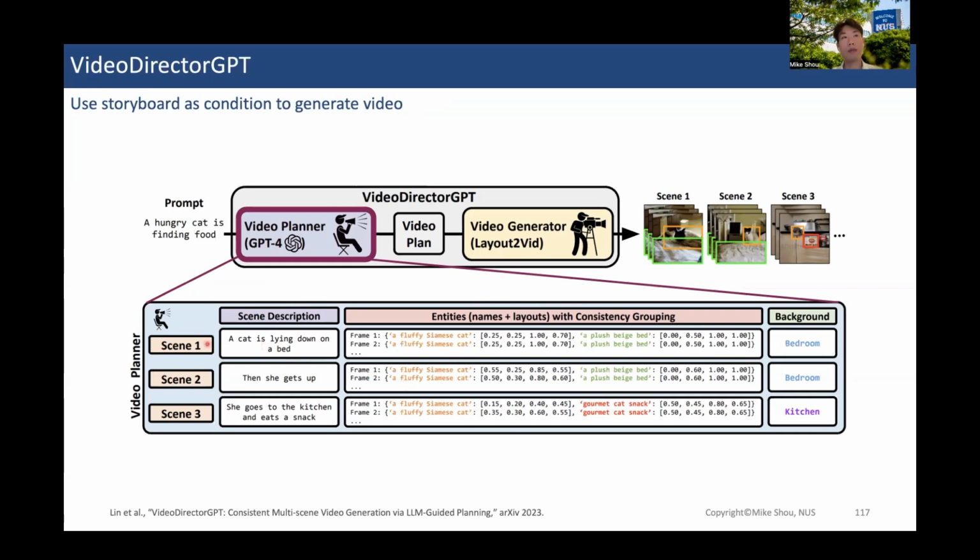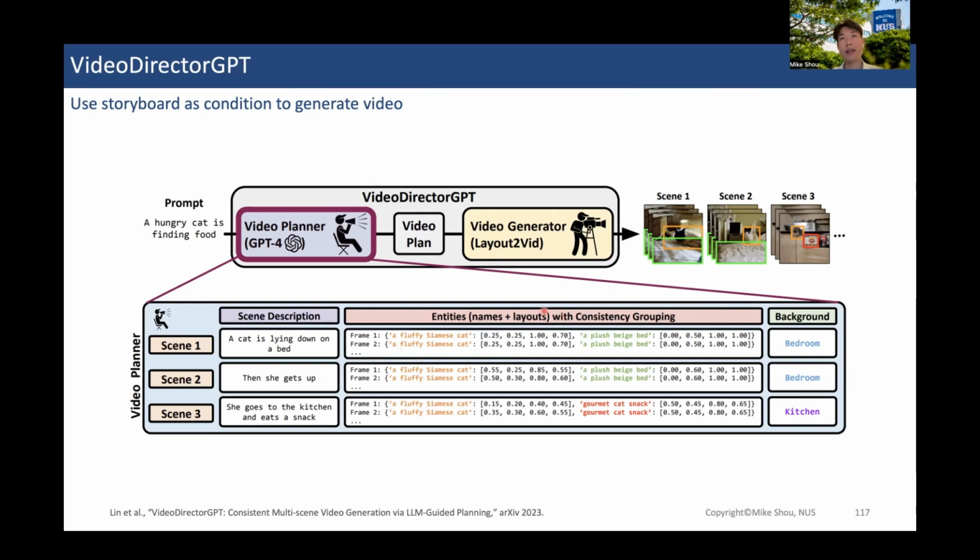And more specifically, they design different scenes, scene 1, scene 2, scene 3, and within each scene, there is a scene description text and also a sequence of frames in that scene. And in each frame, you define, or basically let the LLM imagine, what the objects are and their coordinate locations. So this is exactly what this storyboard looks like.